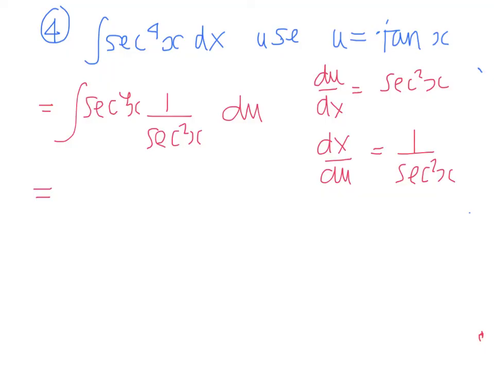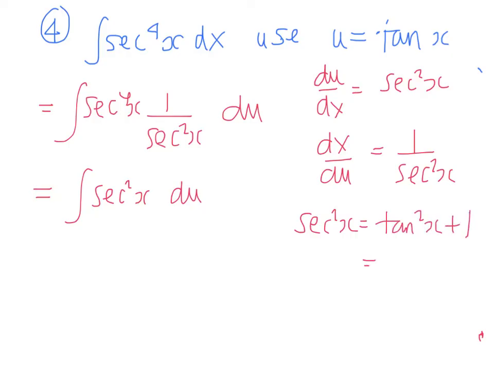So obviously the sec squared x will cancel with sec squared x here, so we've just got the integral of sec squared x du. Still doesn't make any sense, but what we know is that sec squared x is equal to tan squared x plus 1, and that is actually u squared plus 1.